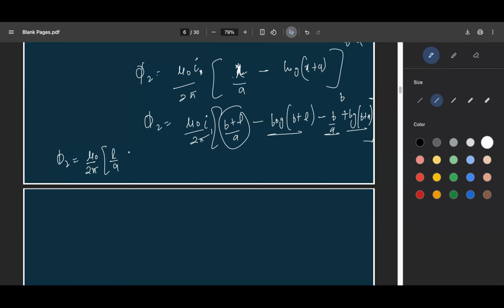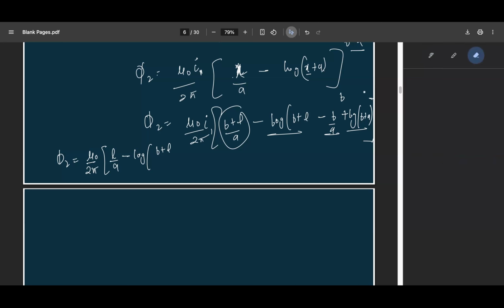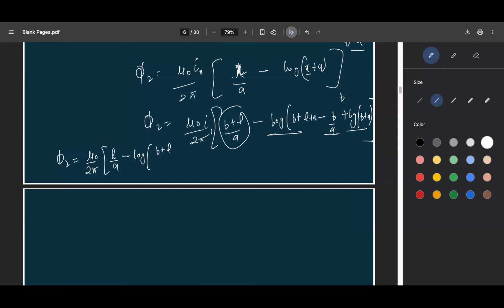Taking negative common, b plus L plus a divided by b plus a. Earlier a was there, and I kept b plus L. So it should be b plus L plus a divided by b plus a only. Alright, so that's the answer we're getting.